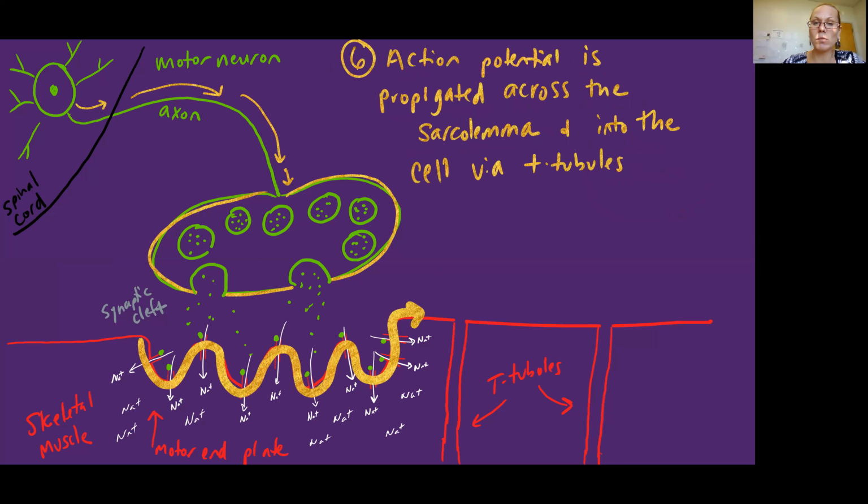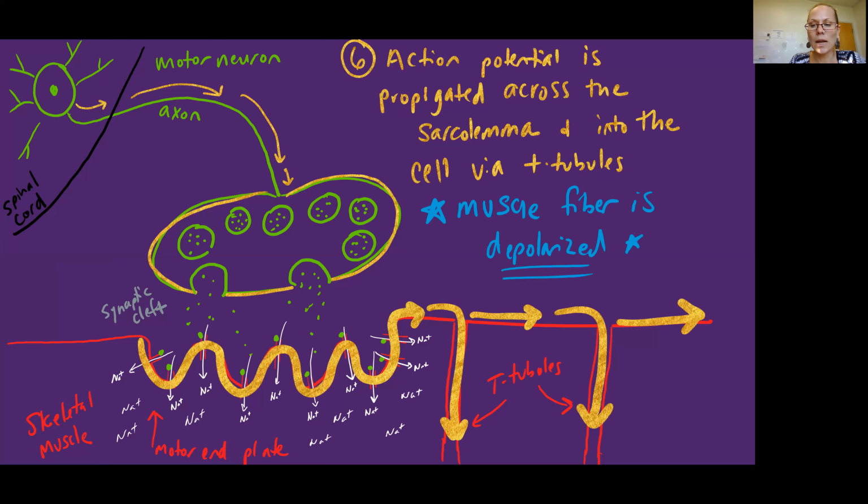So now our action potential has jumped across that synaptic cleft from the neuron to our muscle fiber. So our sarcolemma is excited, and that action potential will travel down into the middle of the cell through those T tubules, and that's continuing all the way across until our muscle fiber is depolarized. So now we've effectively sent our message from the neuron to the muscle fiber.